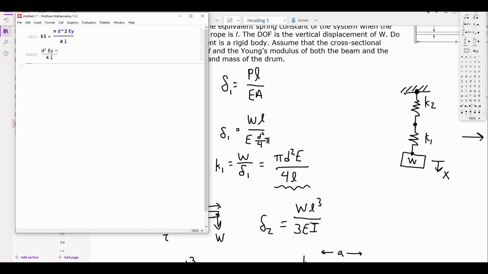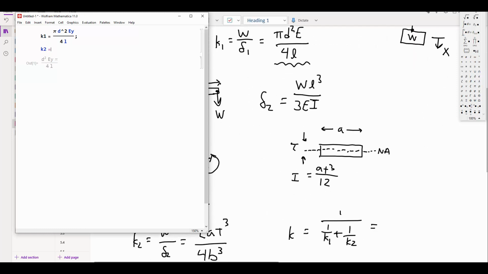Okay, so K1 appears to be in here correctly. K2 I have here, that was EAT cubed over 4B cubed, which I'm calling EY A T cubed over 4B cubed, and that appears to be calculating correctly as well.